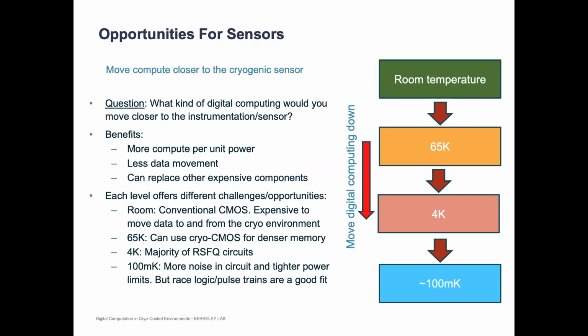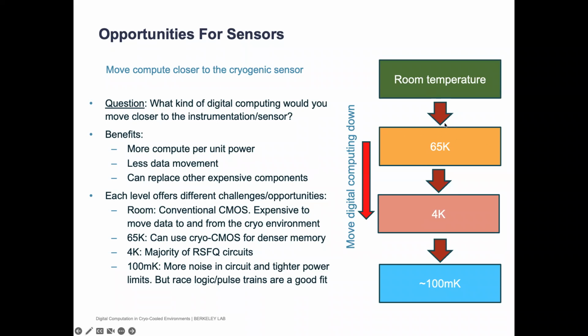But a lot of what we talked about does apply, almost copy-paste, assuming we meet all these constraints, to 100 millikelvin. So we have the capability to do a lot more digital computation right next to the cryosensors, or at least at 4 Kelvin, because that gives us more room, both power and area, than we were able to before.